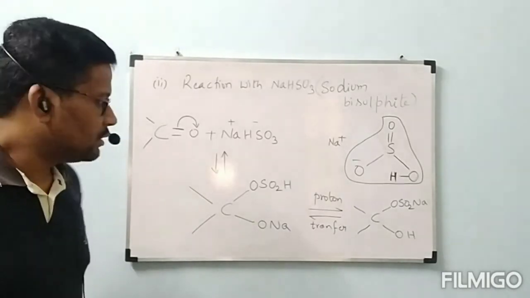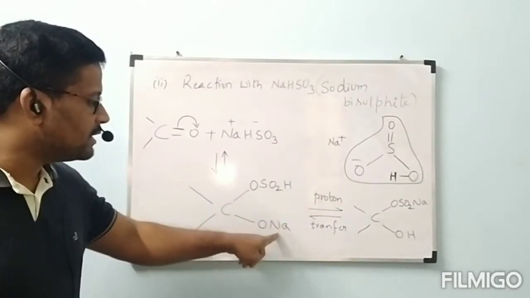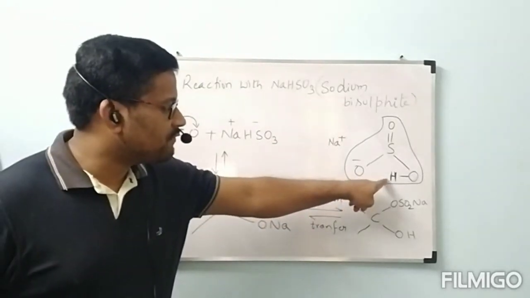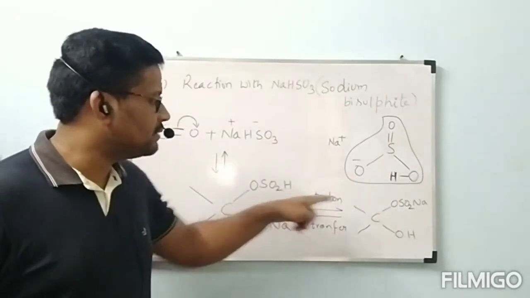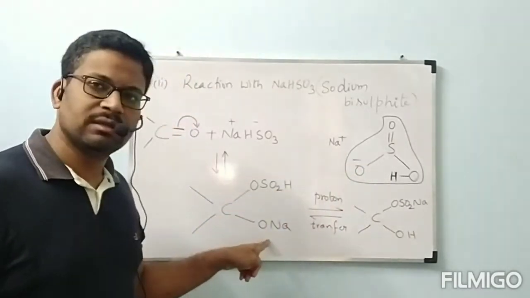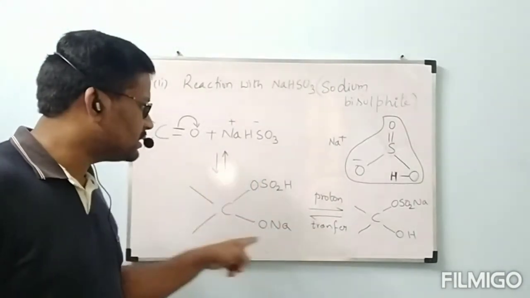Just simply this H plus will be transferred here and Na plus will be transferred here. That means here instead of H we will get Na, and instead of Na here we will get H, OH. This is called proton transfer, the second step.